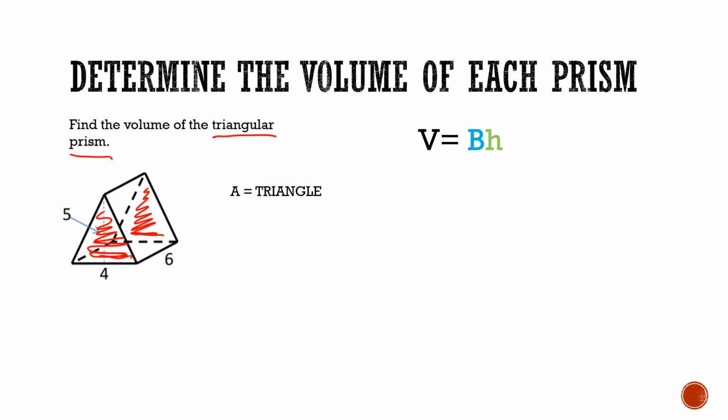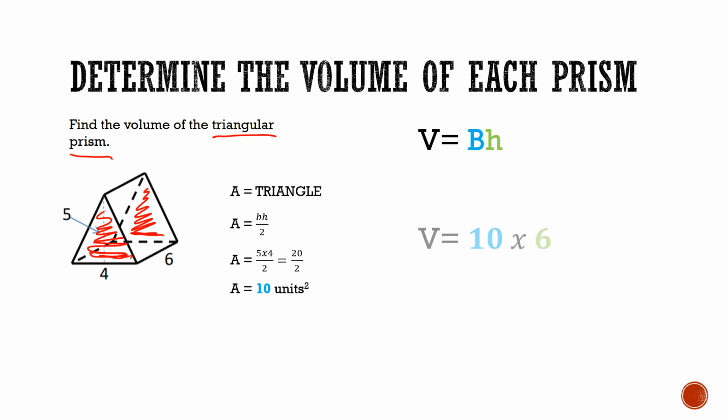Remember, area of a triangle requires area equals base times height divided by 2. The base of the triangle is 4. The height of the triangle is 5. And then we will multiply those together and divide by 2. And the area of one triangle is 10 square centimeters.